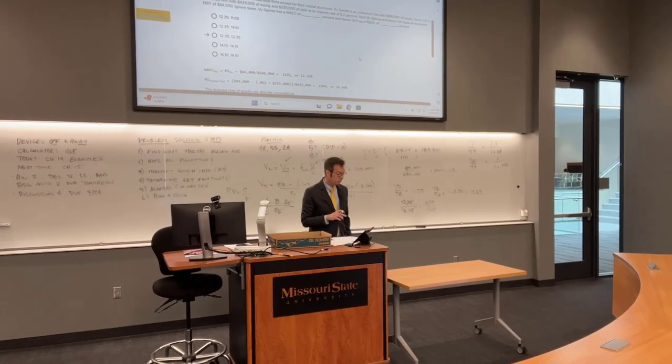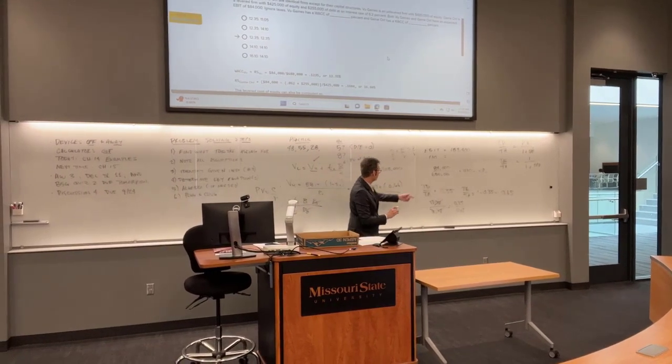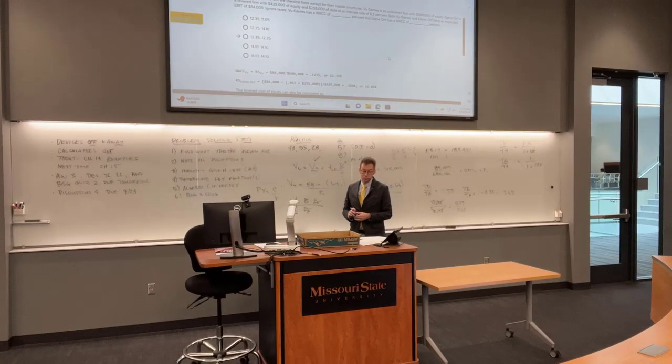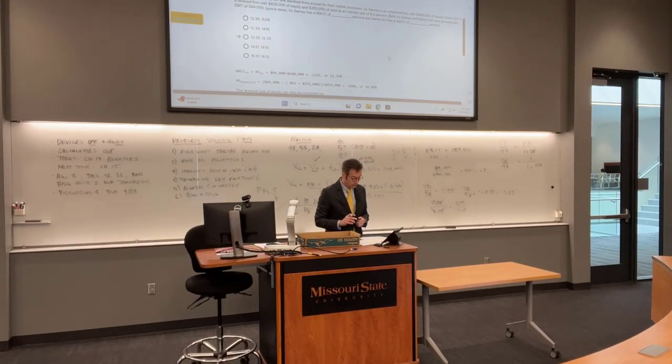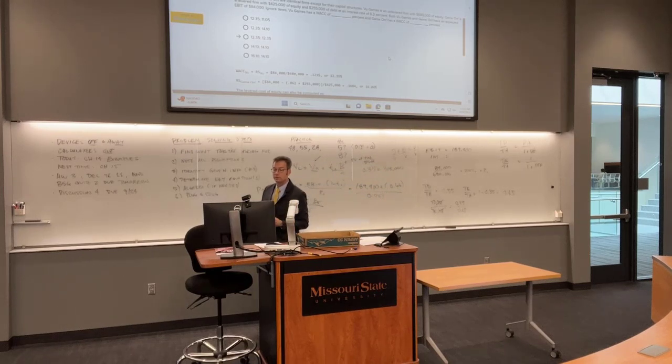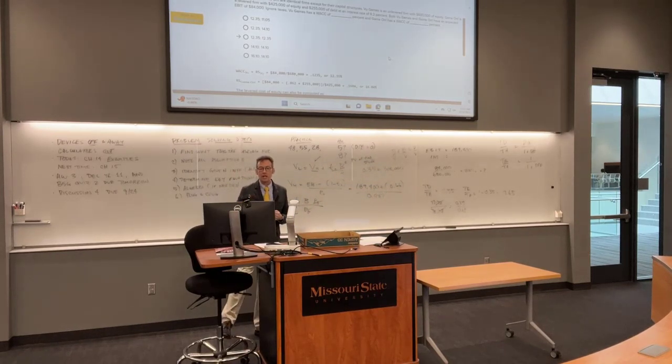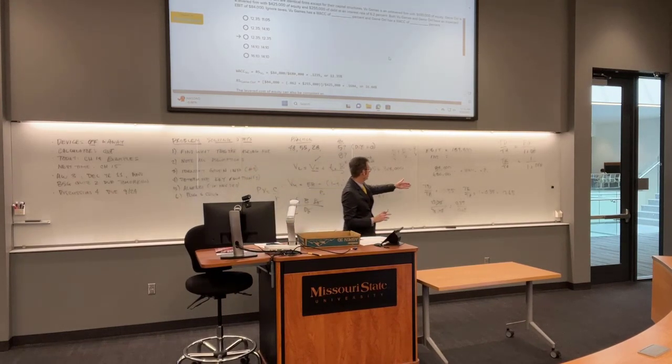R sub S is equal to R sub 0, which is going to be this number right here, plus the debt to equity ratio. Do we know the debt to equity ratio? Can we calculate it? Yeah, 255,000 divided by 425,000 is our debt to equity ratio. Multiplied by R sub 0, which once again is this number, minus R sub B. What's R sub B here?